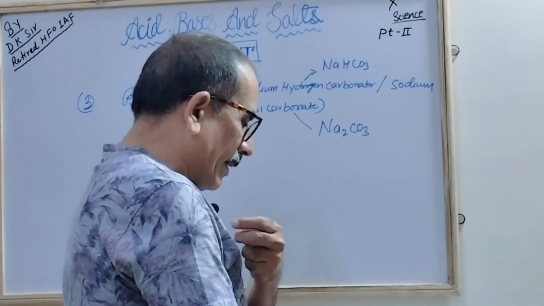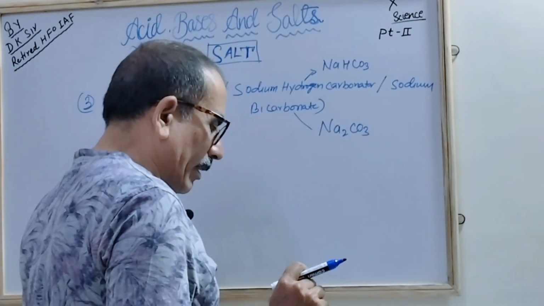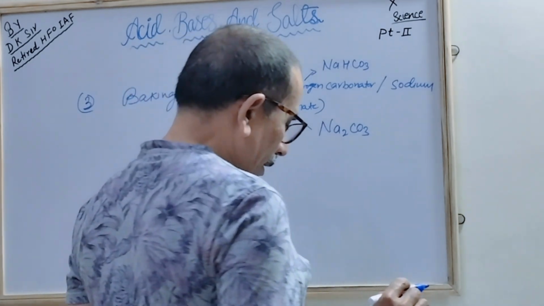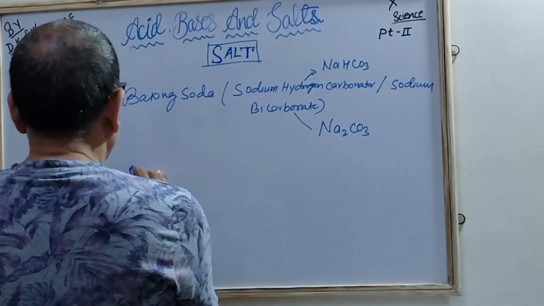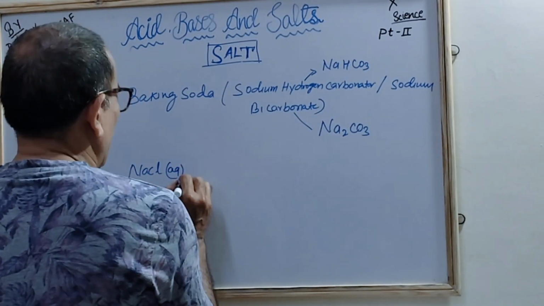Chemically, it is sodium hydrogen carbonate. It's produced by using sodium chloride as one of the raw materials, correct? We will see how to produce it. We are taking the NaCl, aqueous, mixed with water, correct?